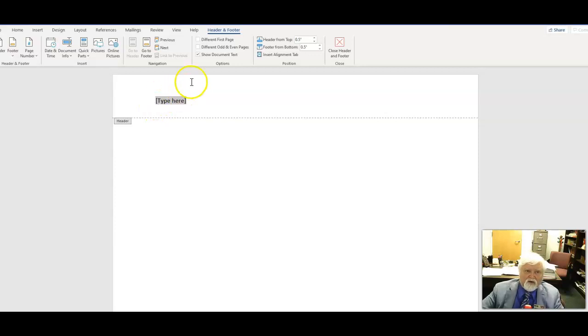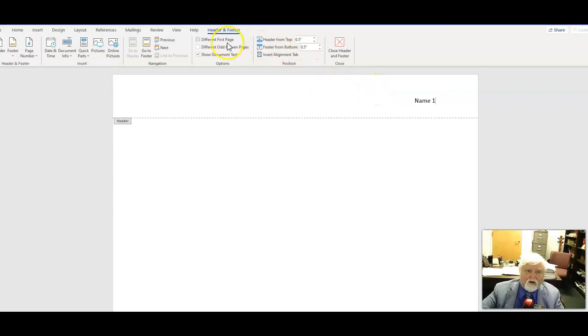And what you want to do is align it to the right. And then you simply type in your name, and put your page number here.